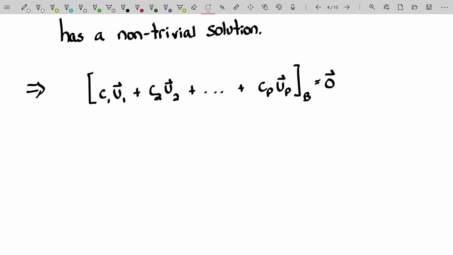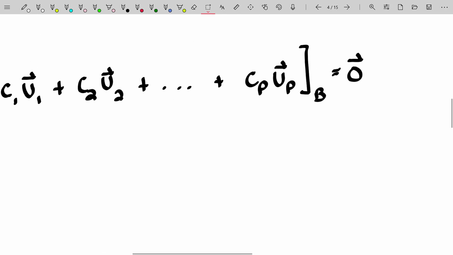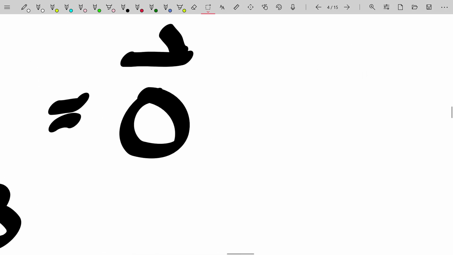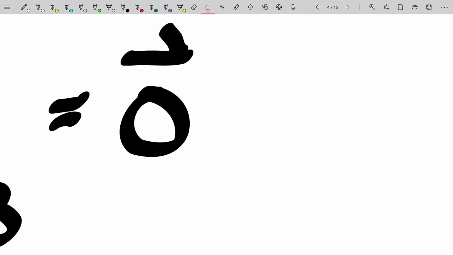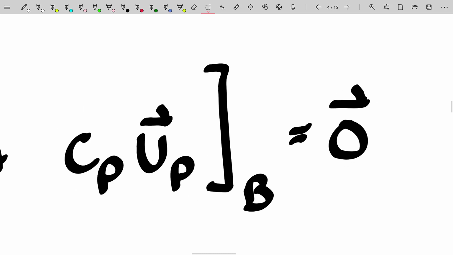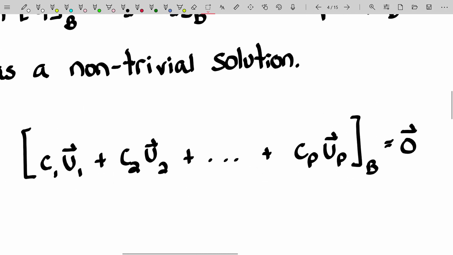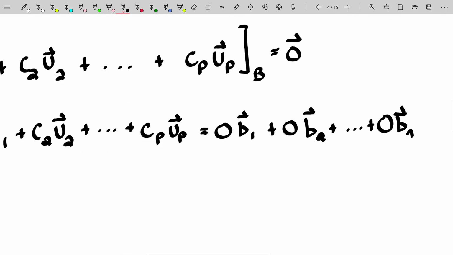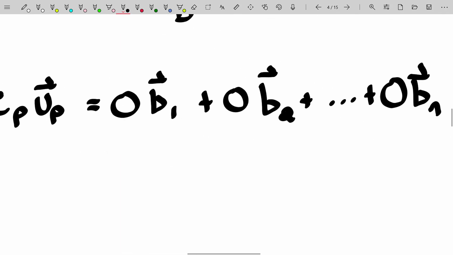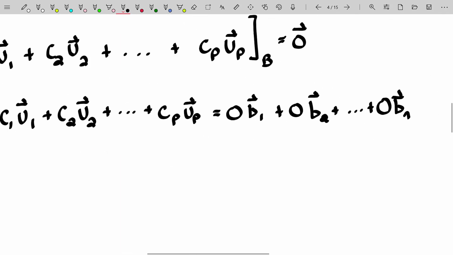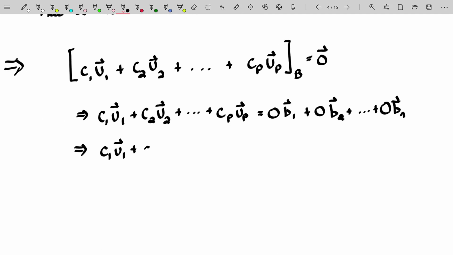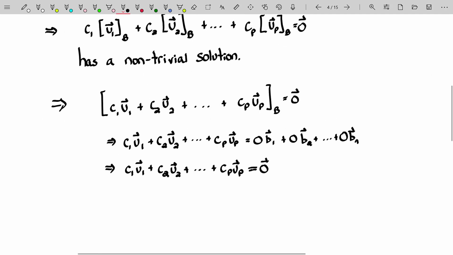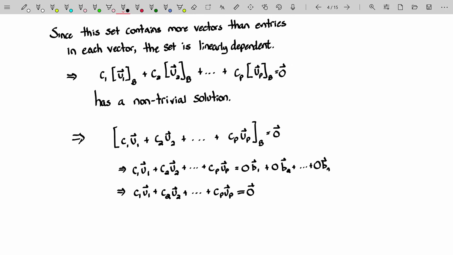So again, the B coordinate vector returns a vector of weights that would be applied to our basis vectors in B to get the vector that's on the inside of these brackets. But that linear combination of the basis vectors on the right is just 0 times each of those vectors. It's the zero vector.